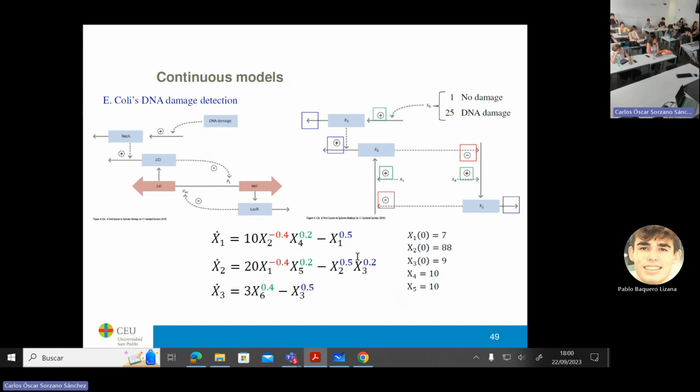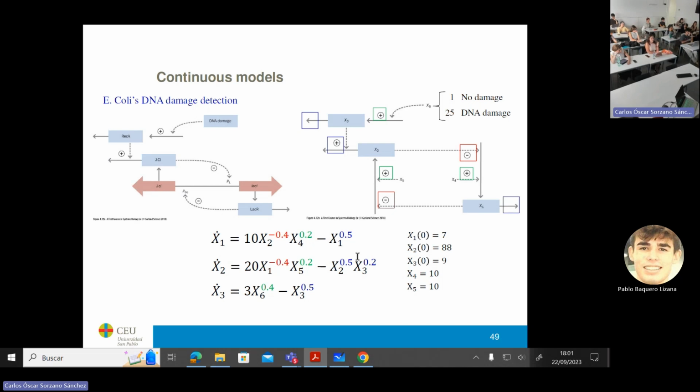Let's say you have this graphical representation with a few genes, and relationships between those genes: if there is DNA damage, this RecA is activated, and activated RecA implies that LexA is deactivated, or whatever. So you have to go from a pictorial representation to a more mathematical model.